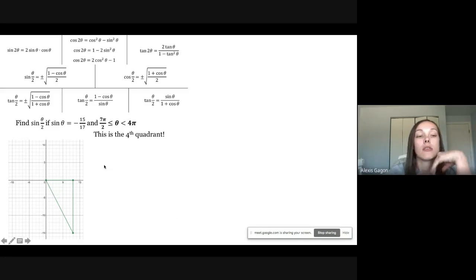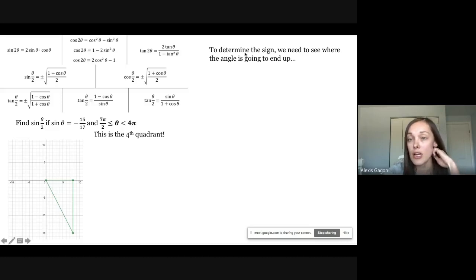Okay, so here, first let's determine the sine of this angle. So we need to see where this angle is going to end up. In the last one they were like find the sine of whatever that angle was, but we're not given the angle right now.